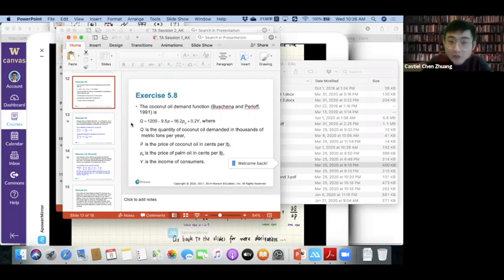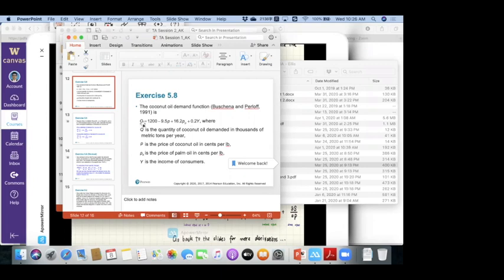Yes. Q is the quantity demanded for good 1, the coconut oil, and good 2 is palm oil. So this is the price of good 2. So P sub P is P2, and Q here is Q1. Okay, that's okay. Thank you so much.